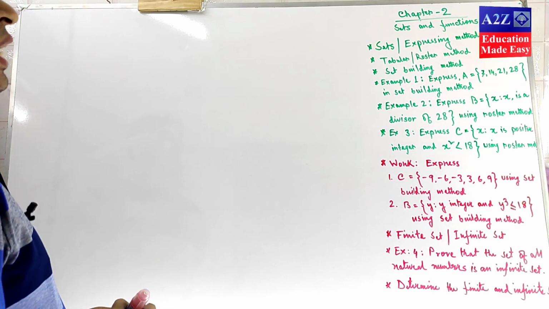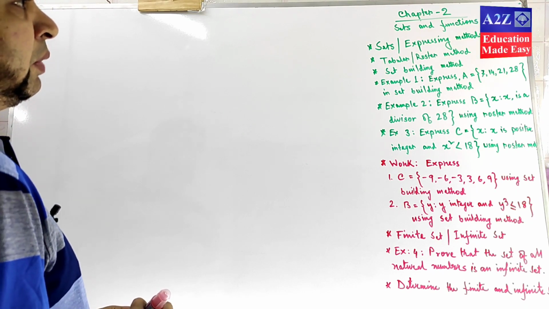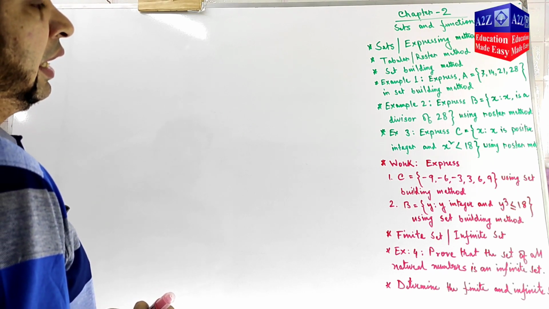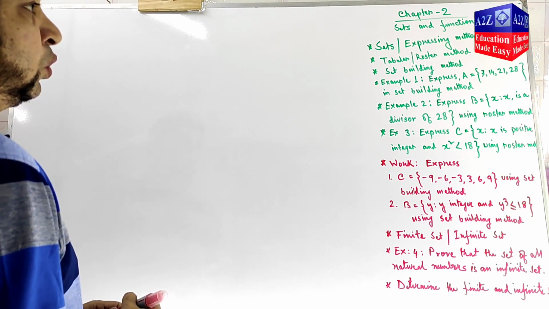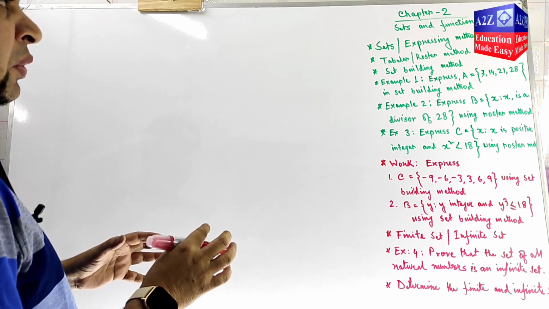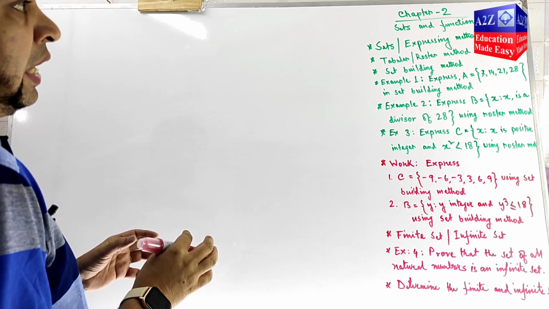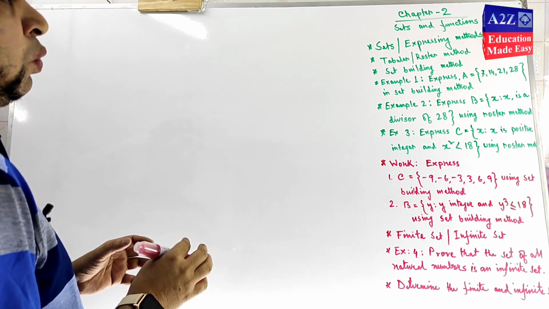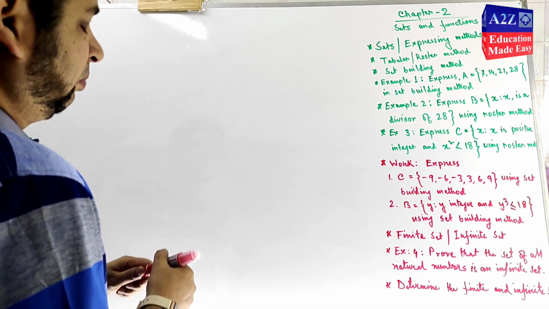There are two methods of expressing sets, namely the tabular method or roster method, and secondly the set builder method. We will give some examples and explanations through which we will understand the tabular method and set builder method.